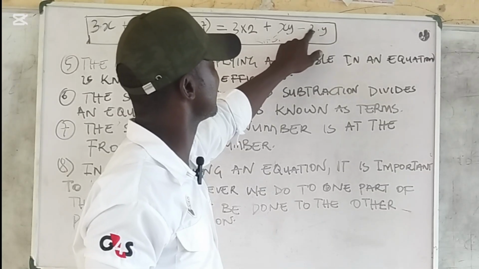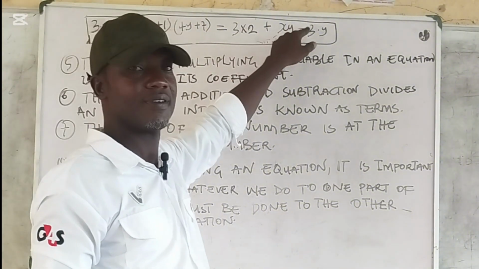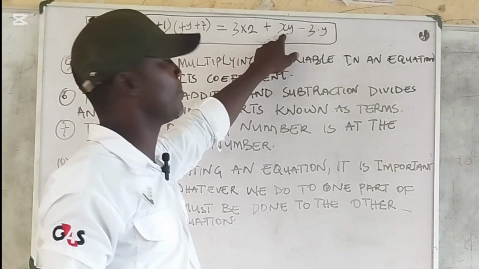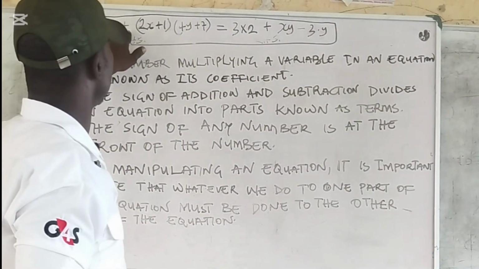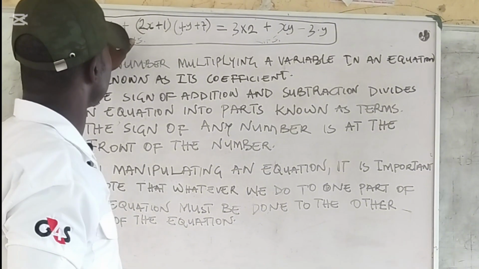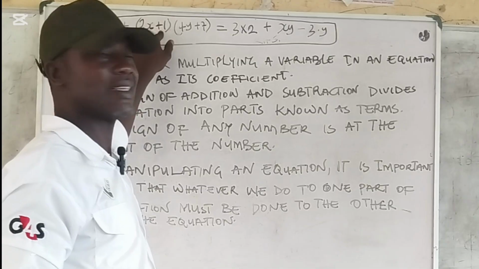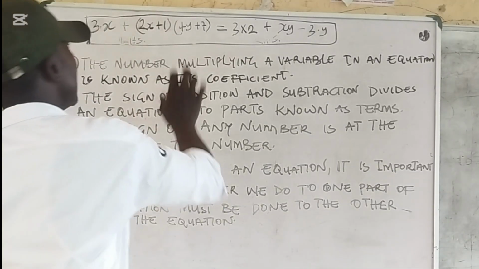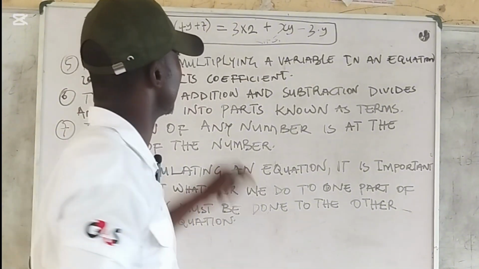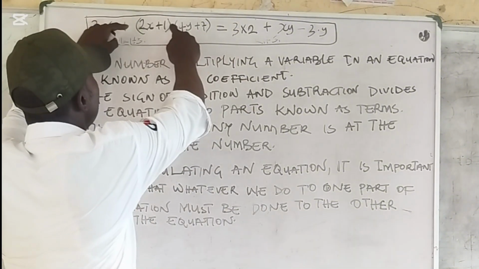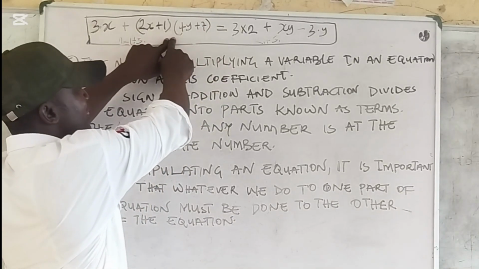This minus here divides this into another term. So if I should count how many terms I have in this example on the board, we have 1. Why? Because there is a plus here that separates it from the whole of this. We usually don't count the plus that is inside the brackets because, as I said earlier, one of the ways to represent multiplication is by using the brackets. Because this is multiplying this, we consider the whole of this as one term.